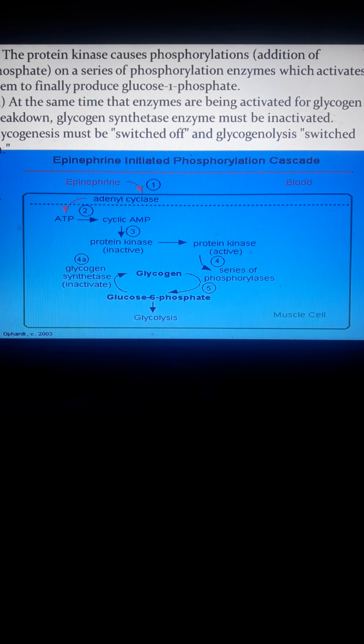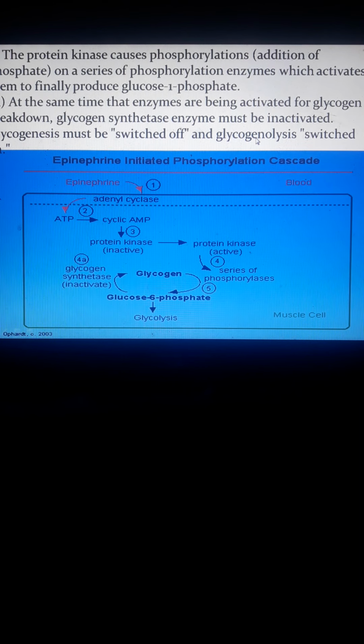So, if it is inactive, there is a switch off of glycogenesis. If glycogenesis is switched off, then your glycogen is converted to glucose 6-phosphate.